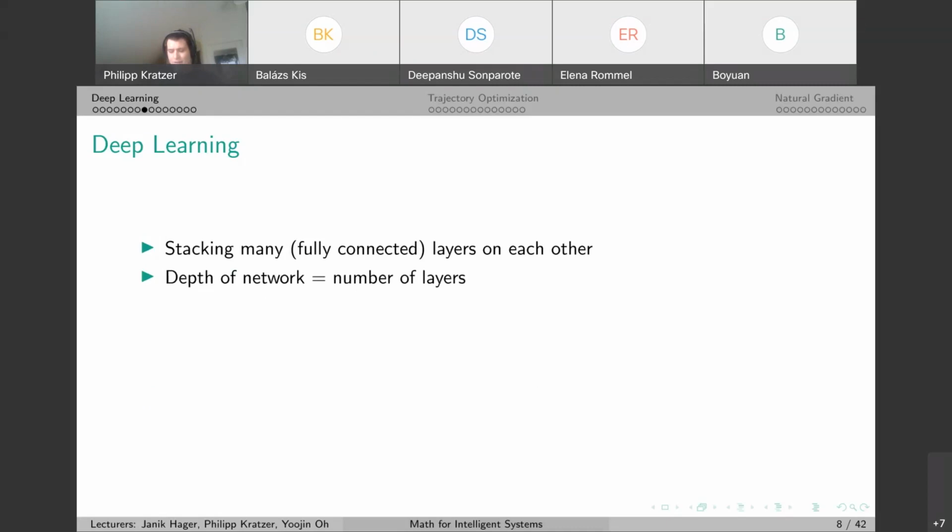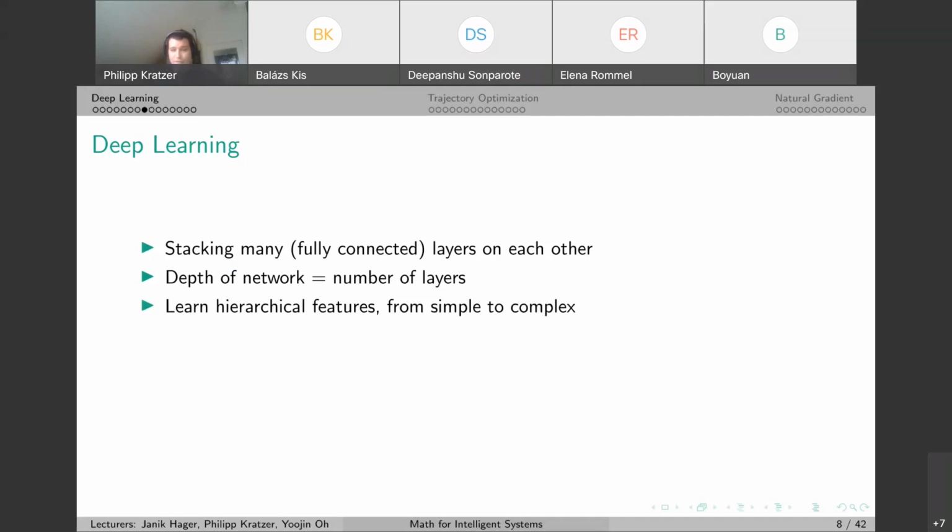I think usually one considers deep learning if you have more than 3 layers, but nowadays networks can become really deep, with way more layers.